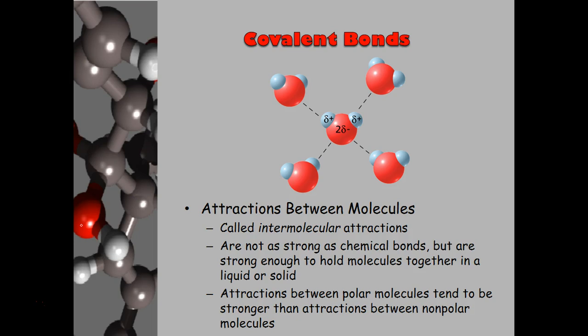Something we talk about as intermolecular attractions as opposed to intramolecular, which would mean within the molecule itself. Now, these intermolecular attractions aren't going to be nearly as strong as a covalent or ionic bond, but they will be enough to influence some of the properties that we deal with in these polar covalent molecules.